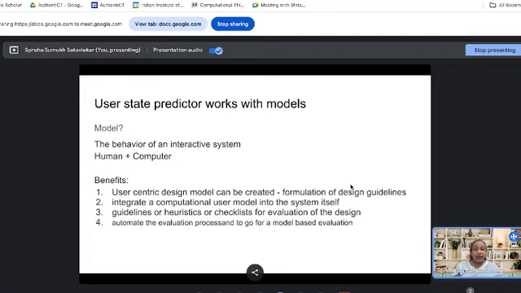Then you can integrate a computational user model into the system itself. So you don't need to always compute it on your own. You can integrate that into your system because it is computational. So computational means you can create a software to do the same set of instructions, right? So that can be done, and then it gets to a point of automation. And you can also create guidelines or heuristics to evaluate it. So recall the diagram that we saw of software development life cycle.